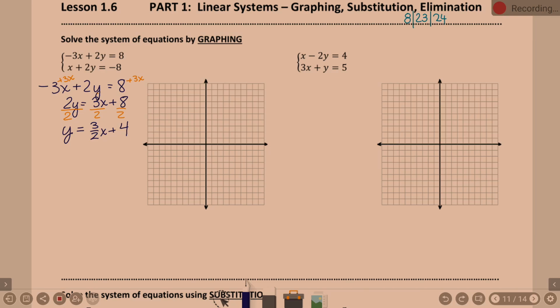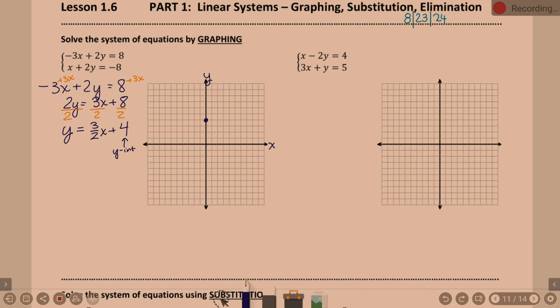We've done this several times lately. I'm trying to get you guys to be pros with graphing y equals mx plus b, yes? Where's my y-intercept? Y-intercept is 4. So on the y-axis, we're going to go up 4.